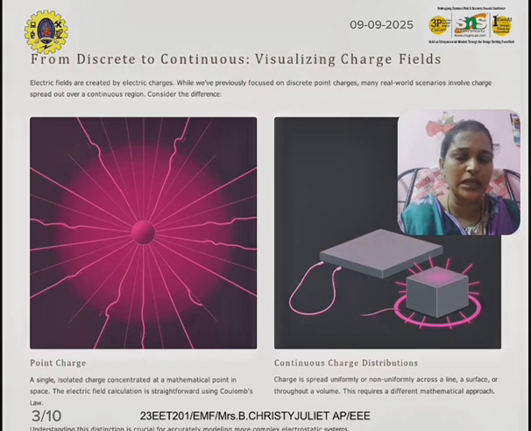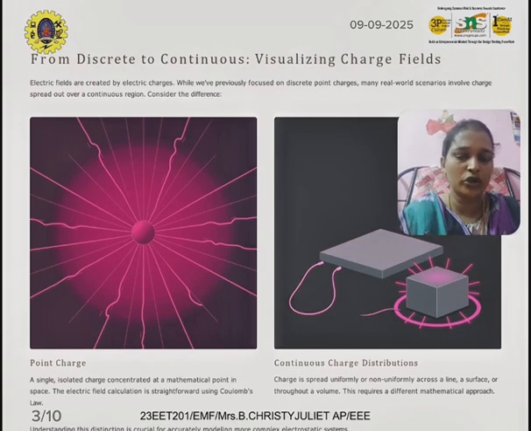If there are n number of point charges, the electric field of these n point charges can be calculated by the principle of superposition. Let the electric field due to the charge Q1 be E1, and the electric field around the charge Q2 be E2.